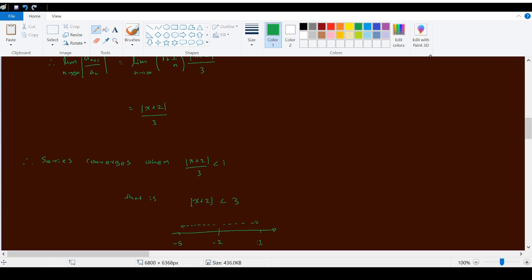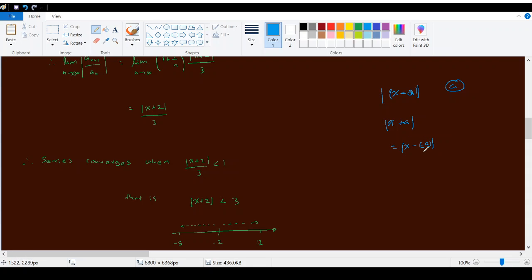Now remember, in the previous examples what we had was something like this, right? This modulus. So when you have x minus a term, then a is our center. But when you have x plus a, that means we can rewrite it as x minus (-a).